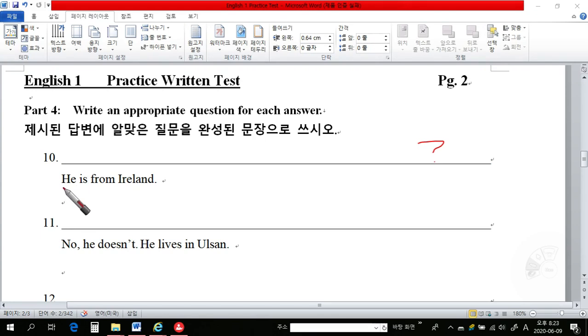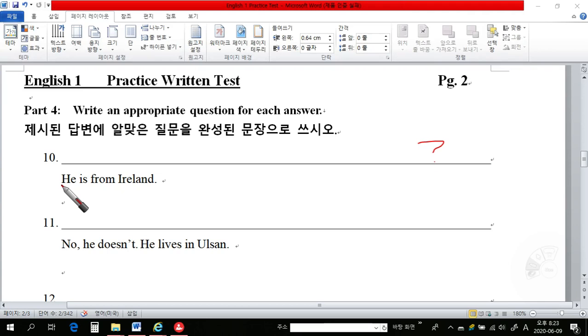So number 10, and this will seem pretty familiar if you studied Unit 2. Unit 2, we talked about people, where they lived, their hobbies, their age, nationalities. I guess that was maybe Unit 1. But we talked about where they started life.